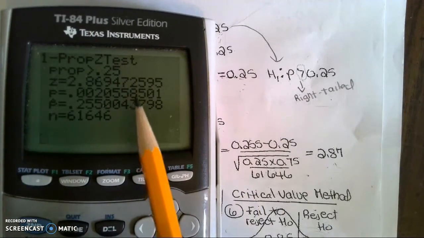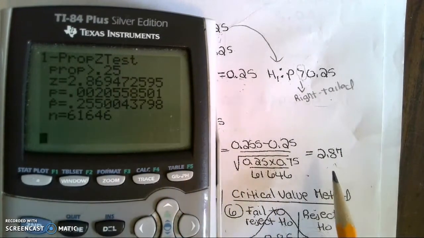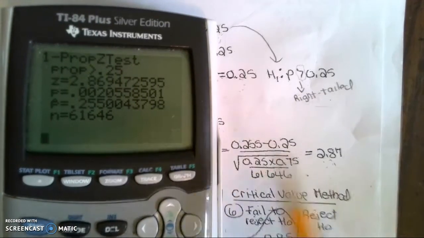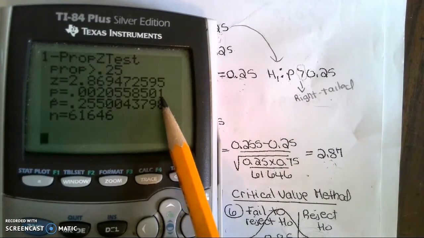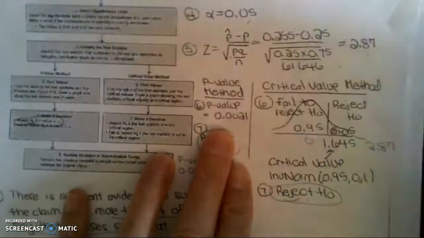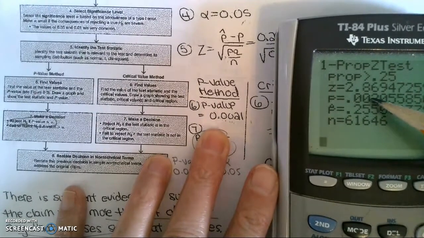And the first thing that shows up, other than the alternative hypothesis, is our test statistic, which again, I would encourage you to use your calculator instead of doing by hand. And then right below it is this p-value. So this is my test statistic, that's my p-value.